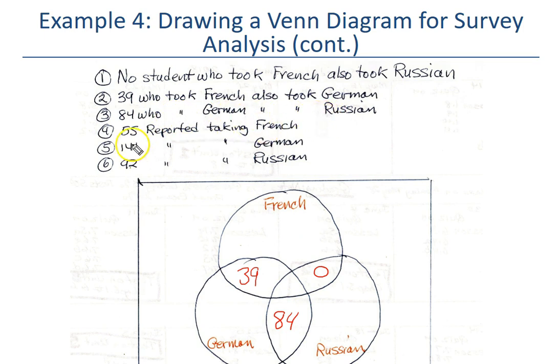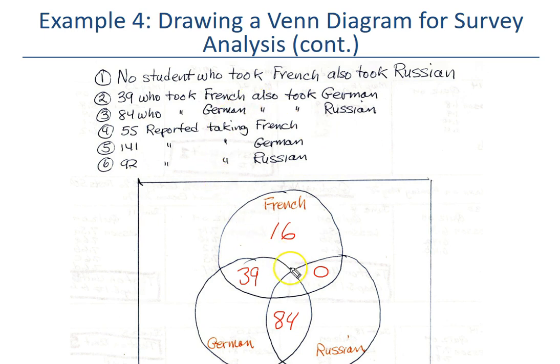Okay, now there were 55 reported taking French. Well, we had 55 altogether here, but 39 are tied up here, so 39 from 55 leaves 16. Now this adds up to 55.